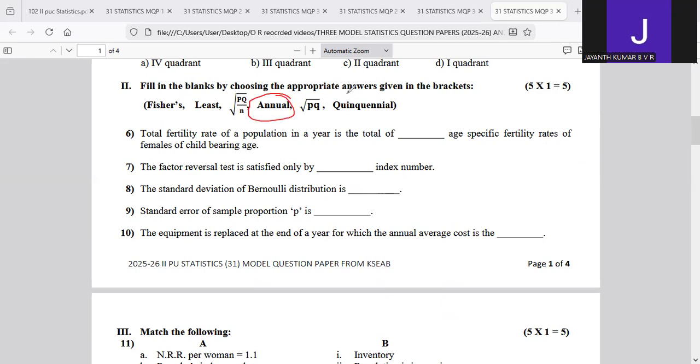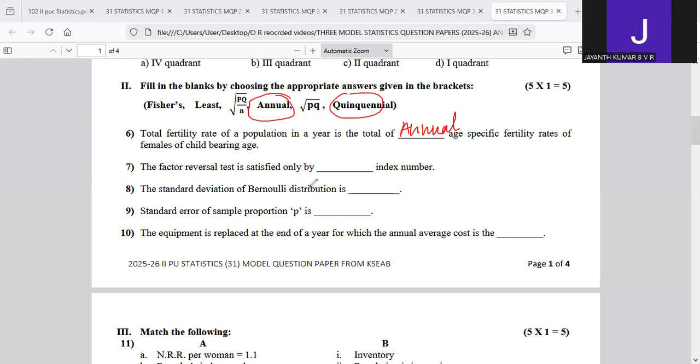There are 2 options, annual and quinquennial. Total fertility rate considers women of childbearing age, 15 to 49. So this is annual. Yes, annual age-specific fertility rate.